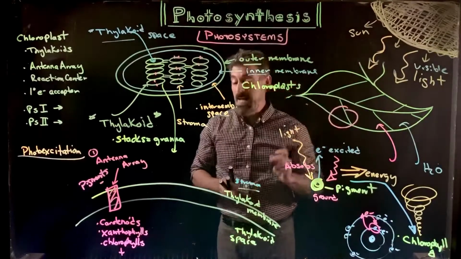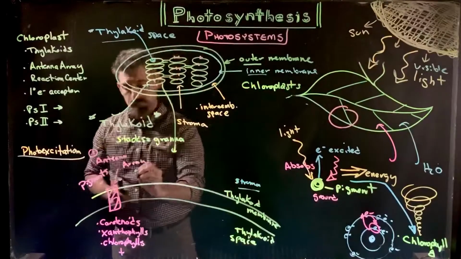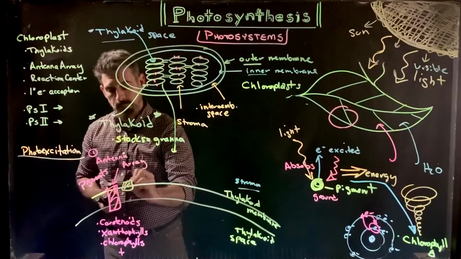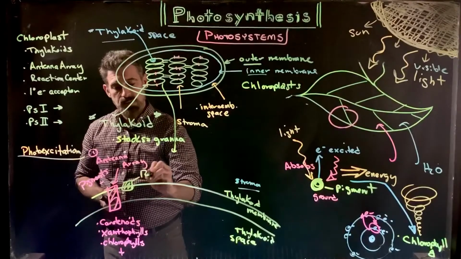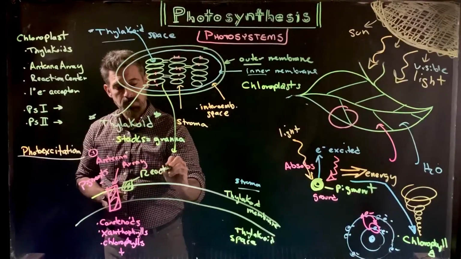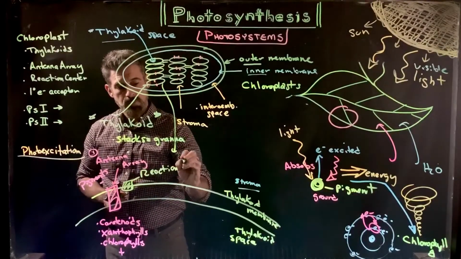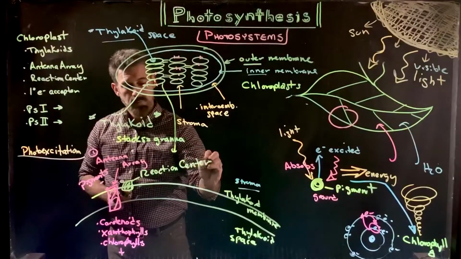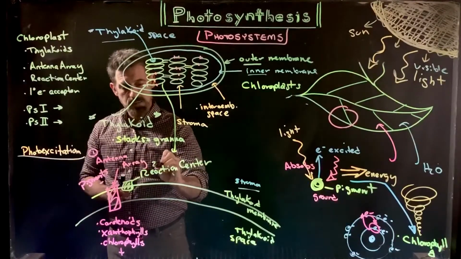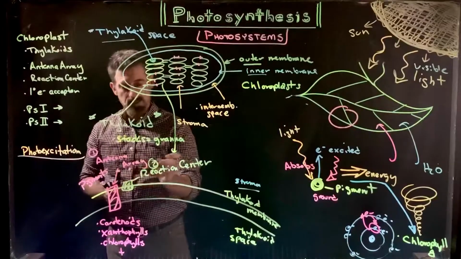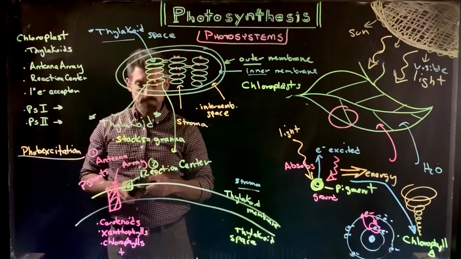And that chlorophyll A molecule is called the reaction center. Okay, reaction center, we're going to label that number 2. So 1 is antenna array, 2 is reaction center.